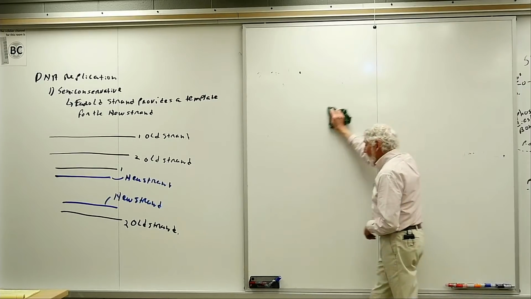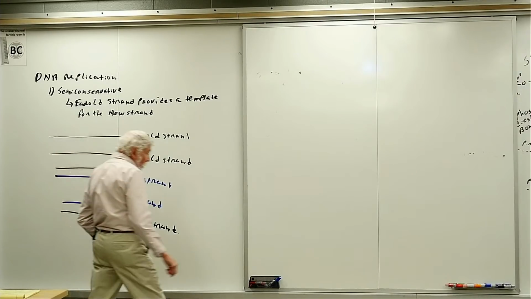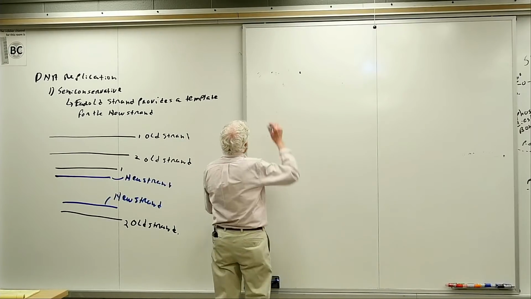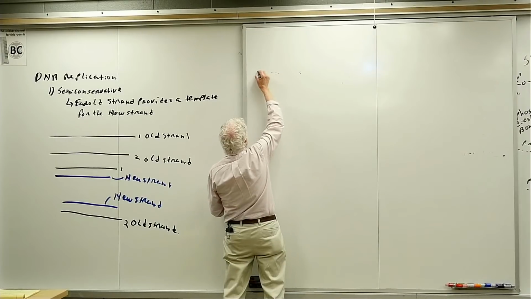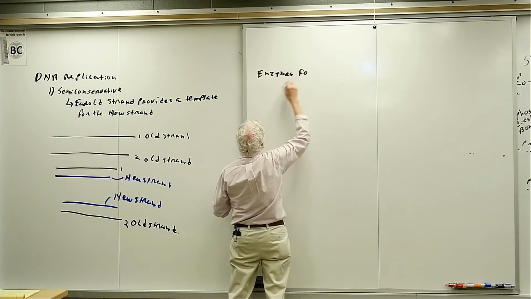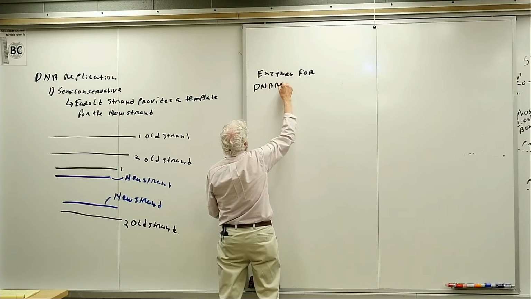But what I do want to point out is that there are a handful of enzymes that are going to be important in DNA replication. So we'll take this section and say enzymes for DNA replication.